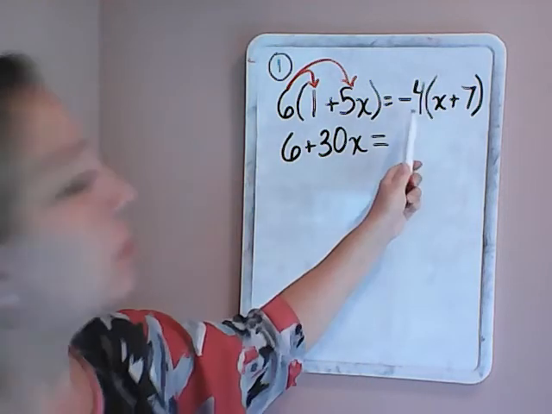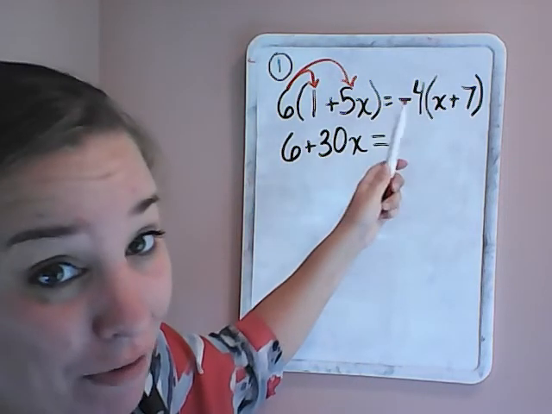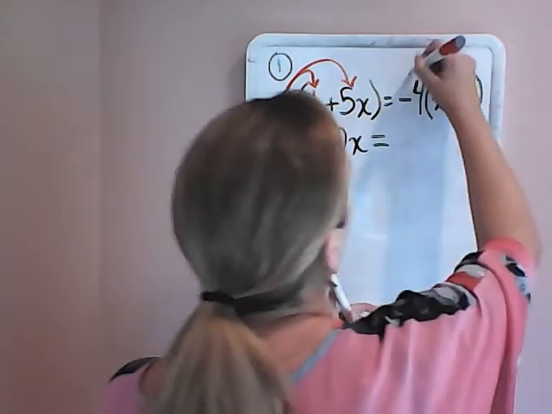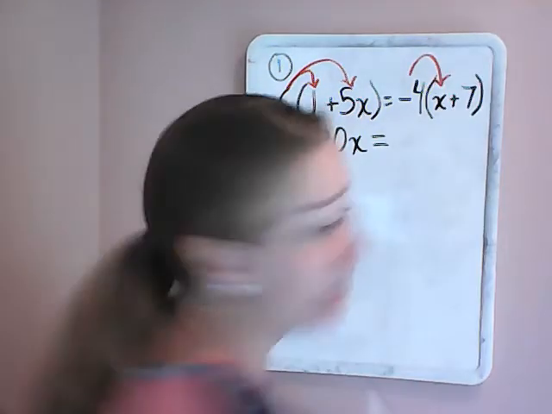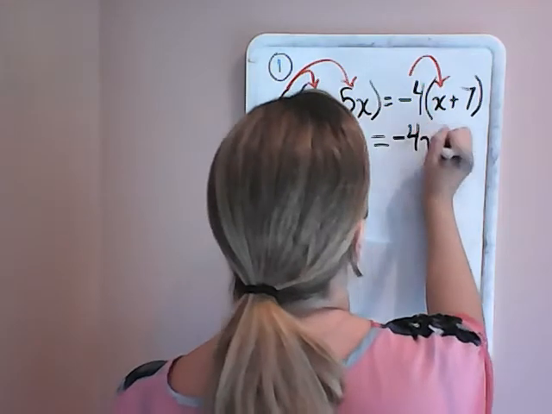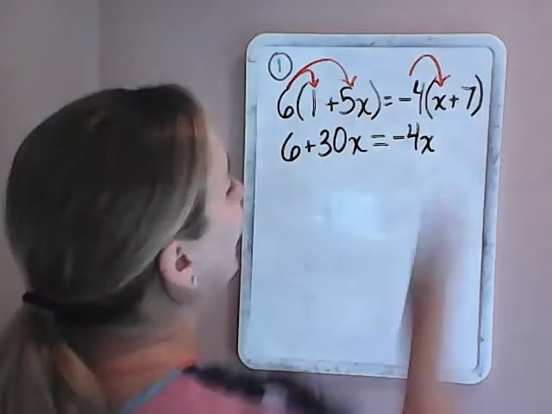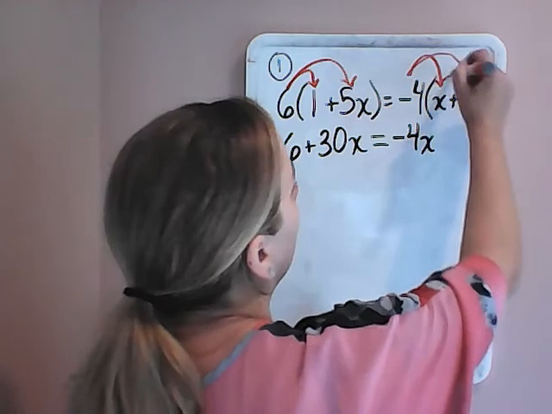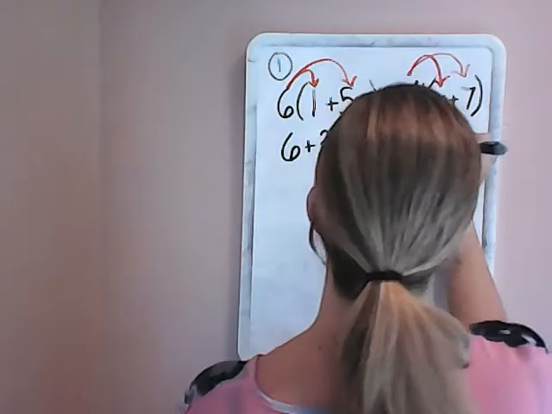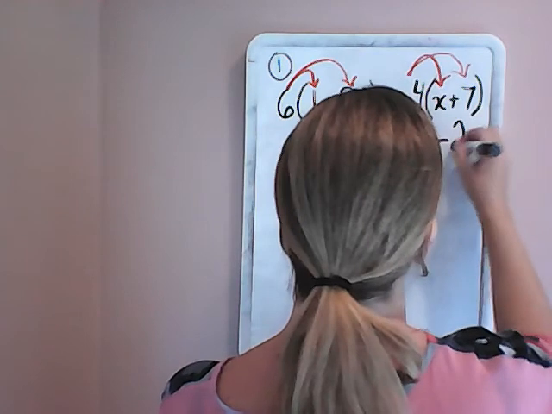And now I have to distribute this negative 4 into here. So negative 4 times a positive x is negative 4x. And then negative 4 times a positive 7 is negative 28.